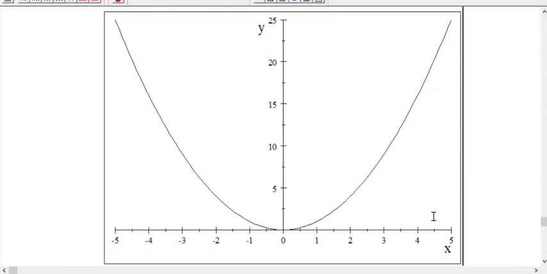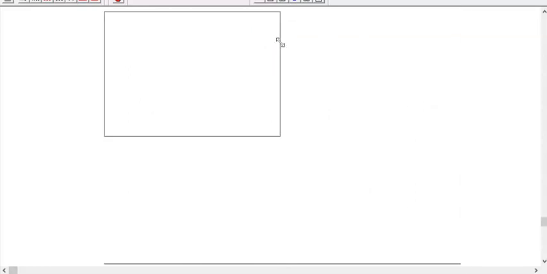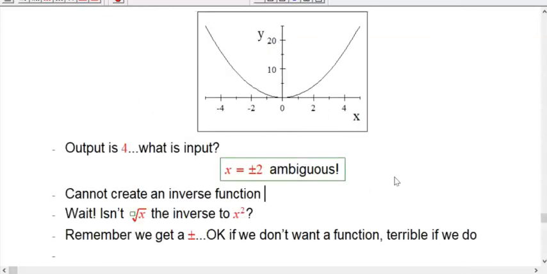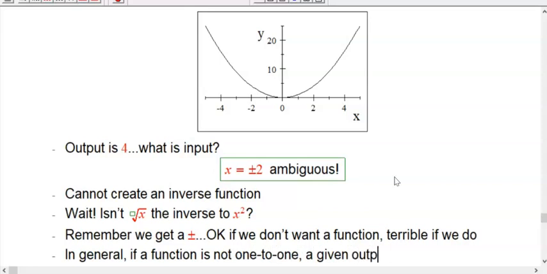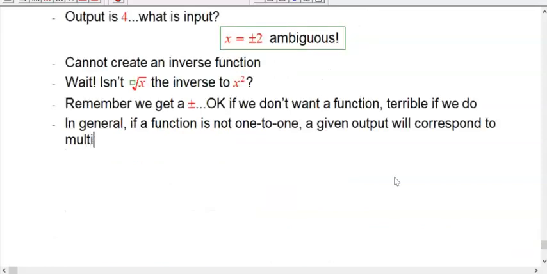So the problem here is that, let me make that a bit smaller, okay? In general, if a function is not one-to-one, a given output will correspond to multiple inputs.